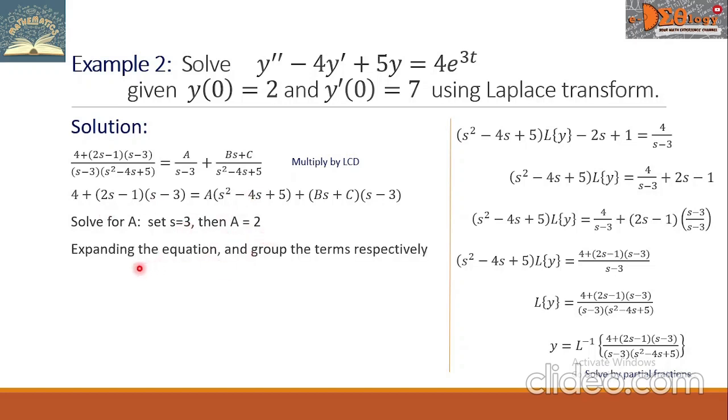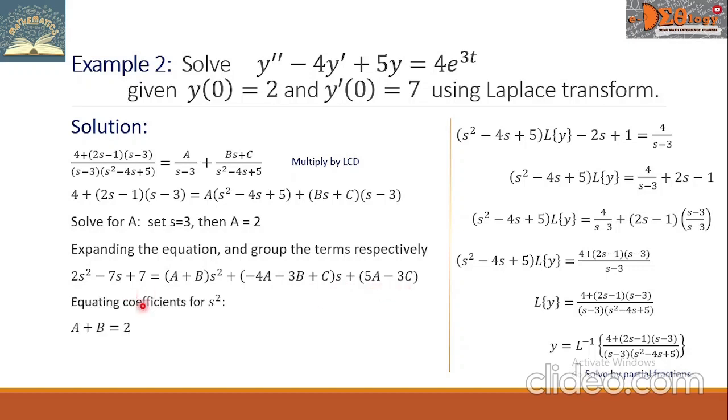Next, let us expand this equation and group the terms respectively, which means the left side becomes 2s squared minus 7s plus 7 equals the quantity a plus b multiplied by s squared plus the quantity negative 4a minus 3b plus c multiplied by s plus the quantity 5a minus 3c.